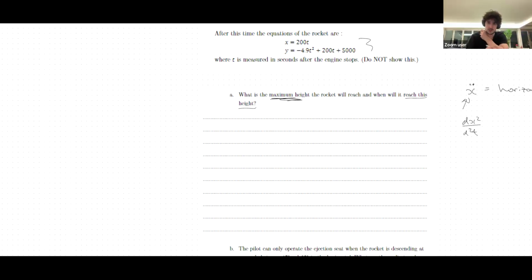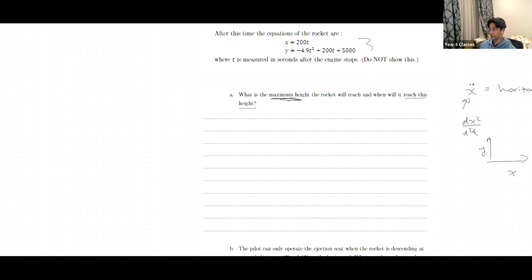So what's x? Just your horizontal distance. But wait, so x double dot is horizontal velocity and y double dot is vertical velocity? Double dot is acceleration, because if you have two dots, you're diffing twice. Sorry, x is horizontal displacement. If you diff displacement once, you get velocity.